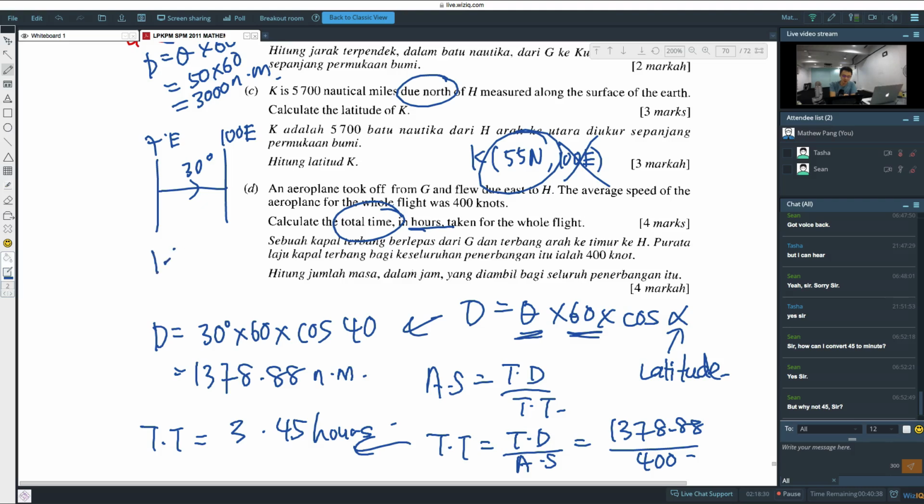How do we know? Because 0.5 hour equals 30 minutes, so you can just use 0.5 multiply 60 and get 30 minutes. Do you get what I'm trying to say, Sean? So 0.45 hour doesn't mean 45 minutes. You have to use 0.45 multiply 60. It's actually 27 minutes.